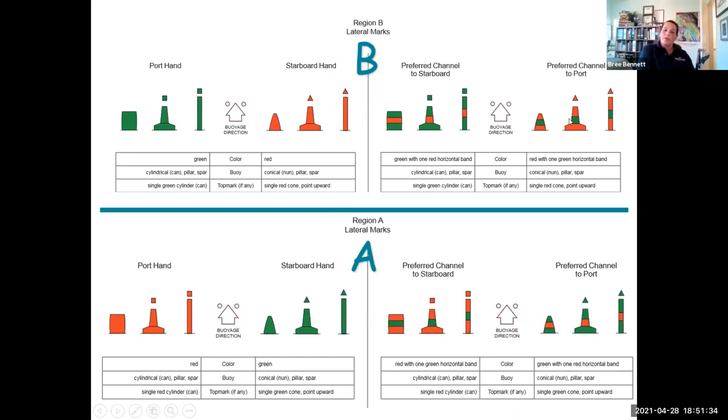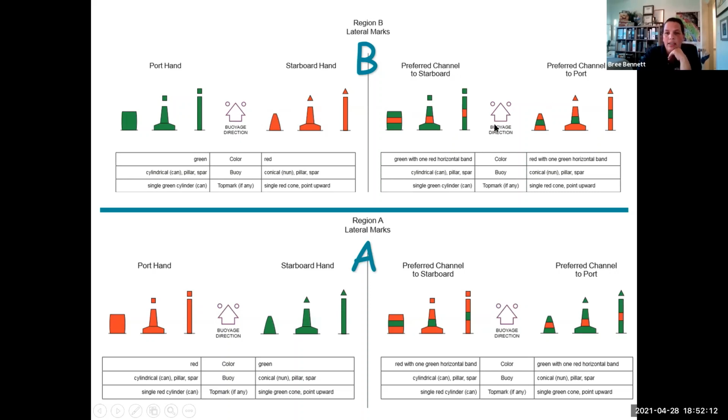So I guess we're going A and B's here. So B, this is our main, what we're looking at here. We have on our green side, you know, it's squared off. So those are our can buoys. And we have top mark, which is the shape on the top of the buoy, square for the port hand side, the green. On our right side, we have triangle or the pointy. That's what we're going to refer to as the nun or a triangle for our starboard side.